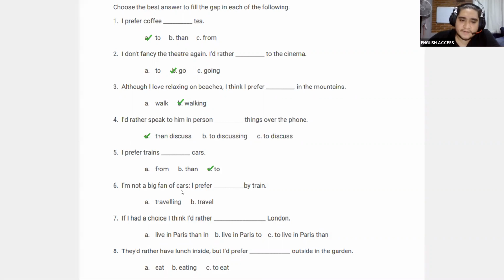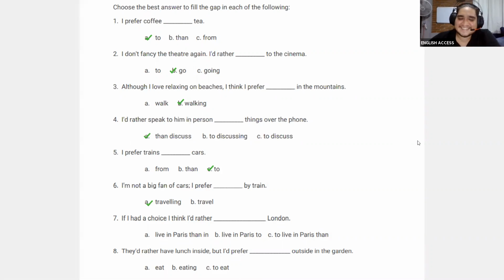Okay, I'm not a big fan of cars. I prefer traveling by train. Very good. Number seven, Tommy, please. You can do it if you want to. I'm good, thank you.